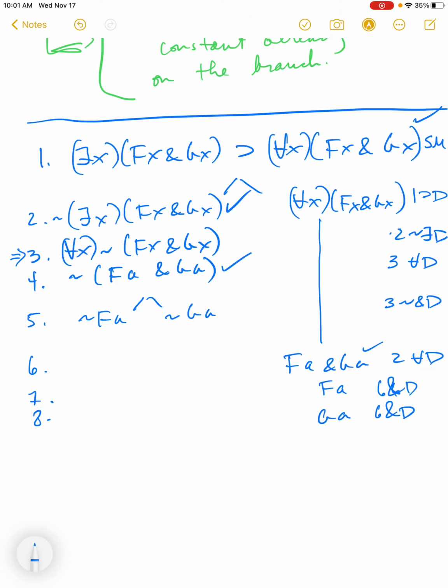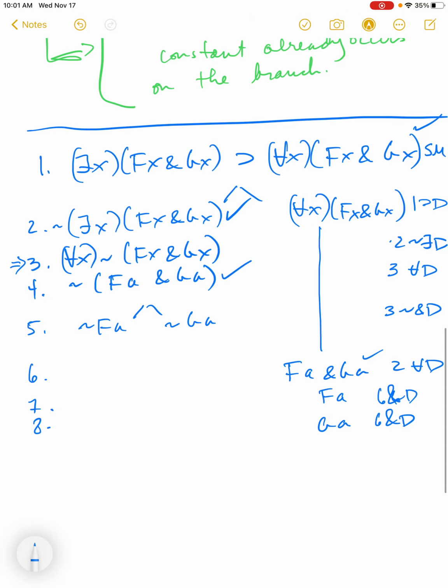And in the case of this tree, we're asking ourselves, is there at least one interpretation that makes line number 1 true? And we're doing a search for such an interpretation, and in a way, if there is an interpretation, we're constructing it as we do the tree.